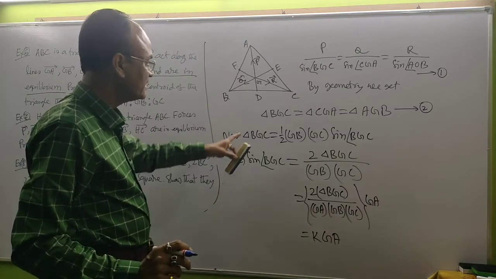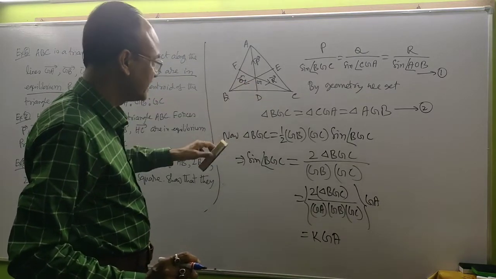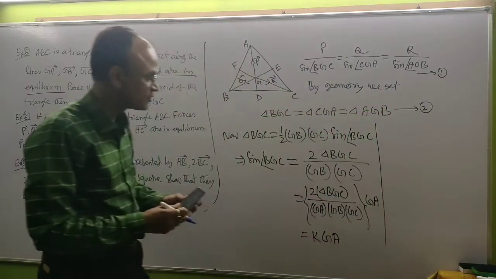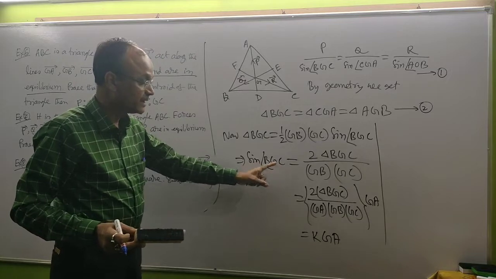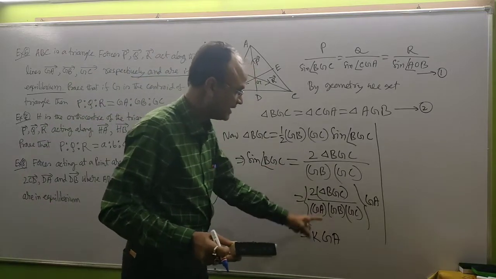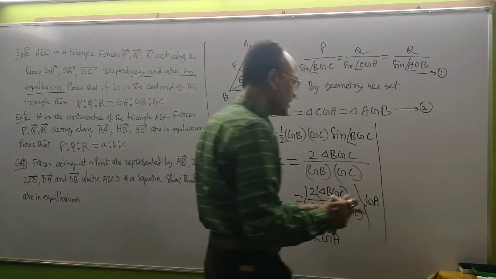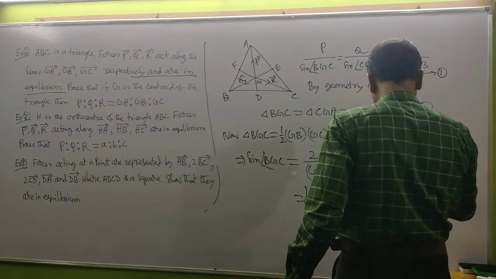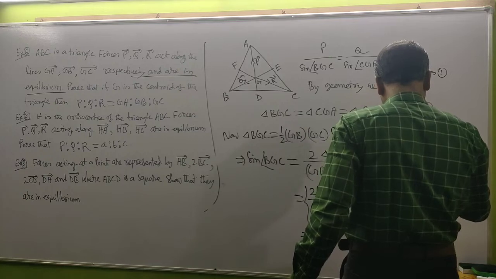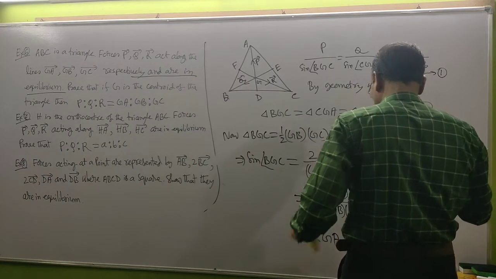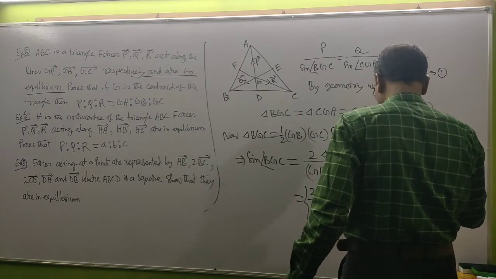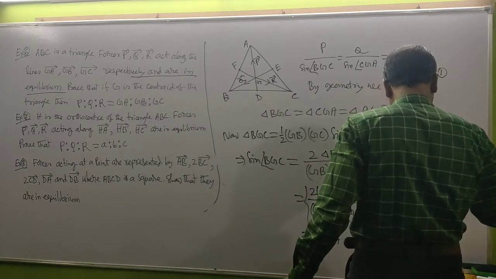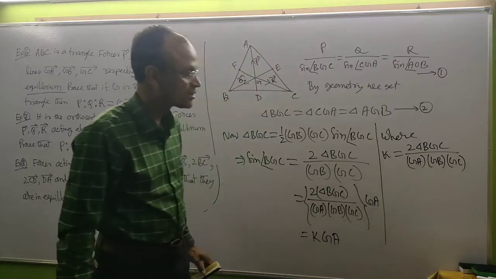Again, the area of the triangle CGA. Perhaps you have understood this one. Sin BGC can be replaced by K into GA, where K equals 2 times the area of the triangle BGC divided by GA, GB and GC, the product of these.